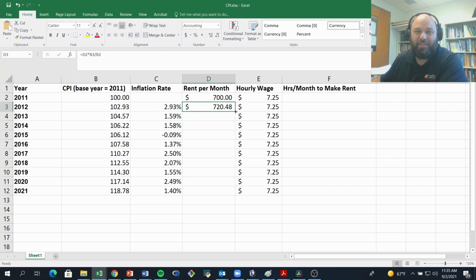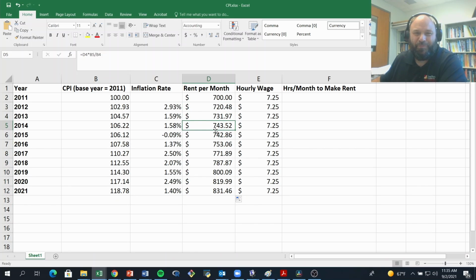And now we'll drag this and drop it. So there's the amount we calculated by hand a minute ago. Notice it went down just a sliver in 2015 from the deflation. But overall, over this 10 years, rent increased from 700 to 831.46.